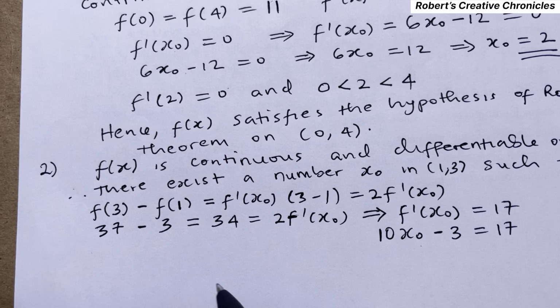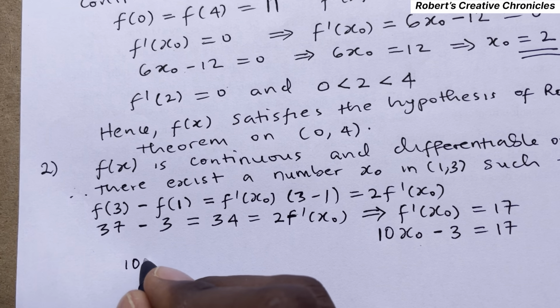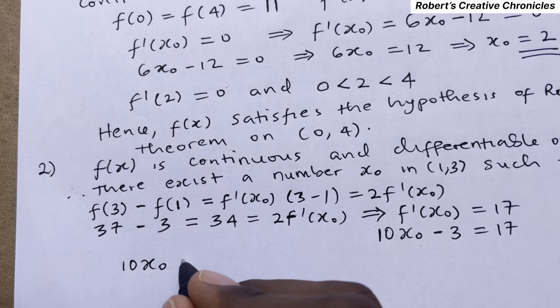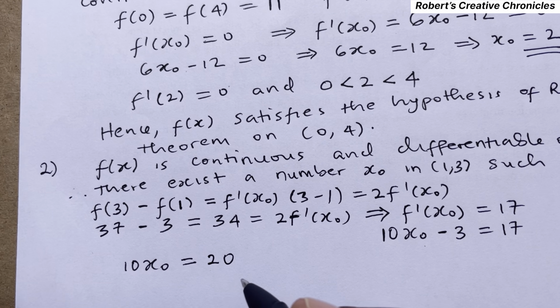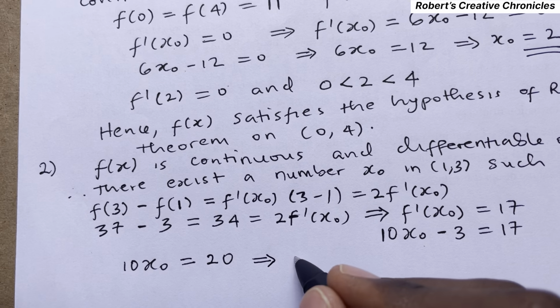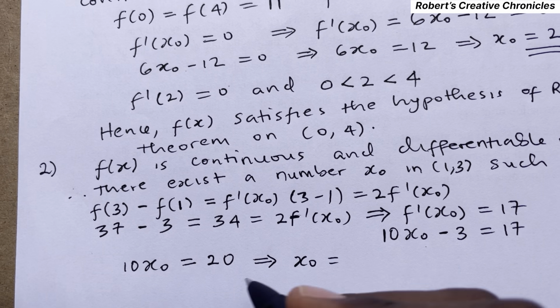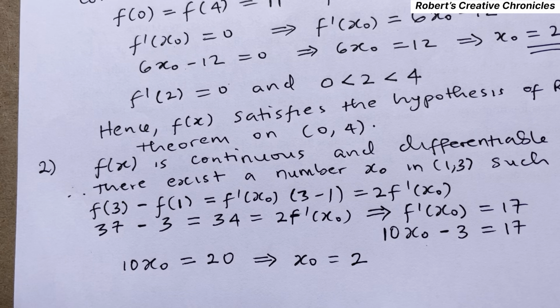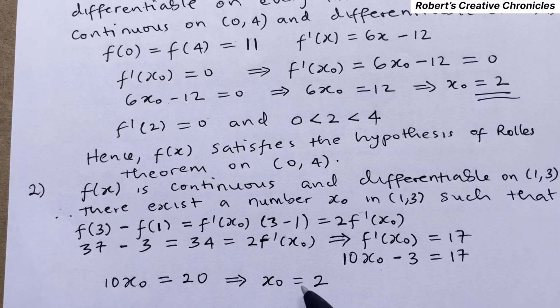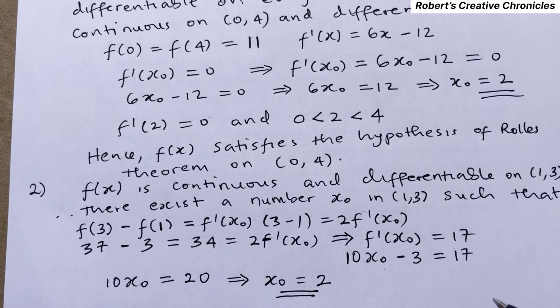It becomes 10x0 is equal to 20. x0 is equal to 20 over 10, which is 2. So x0 here also is 2.